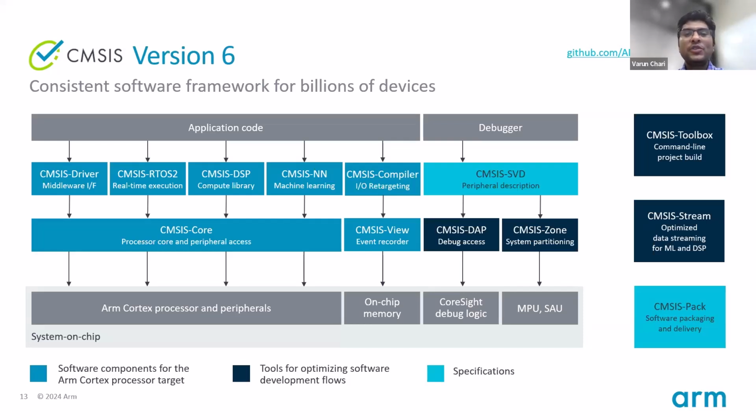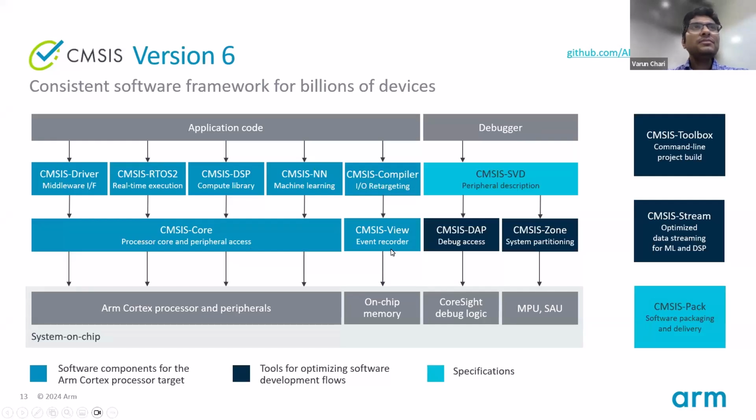So you have application code at the top, and then there are various CMSIS drivers or CMSIS components, as we call them, which interface with the application code, which in turn talks to CMSIS core, which are processor cores and peripheral cores, and which in turn talks to the system on chip and gets you the results. The main thing is these CMSIS drivers and CMSIS RTOS are all standardized interfaces.